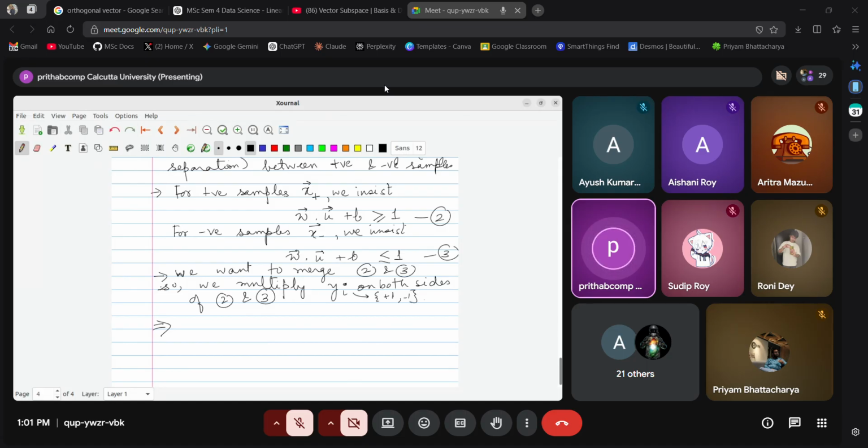So if you multiply y_i on both sides, what you get is y_i times (w dot x_i plus b) is greater than or equal to 1. I'm writing x_i instead of u now.